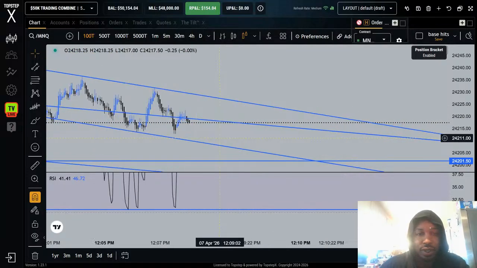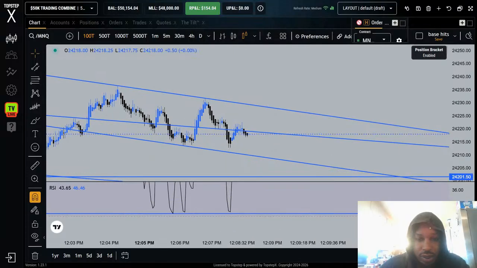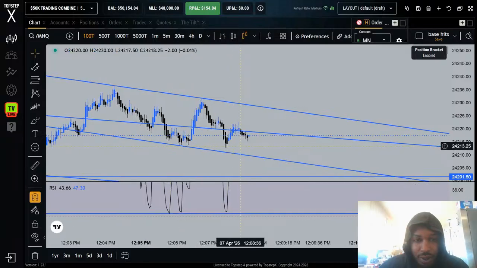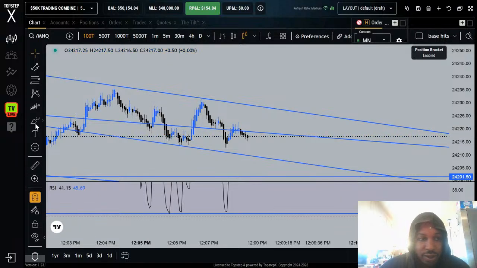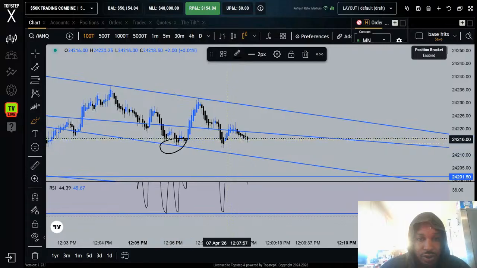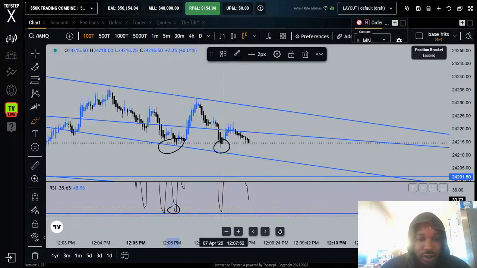So let's say right here on this low, it still hasn't gone below this RSI. It went below the low on the price. So this right here is low 1, and this right here is low 2.